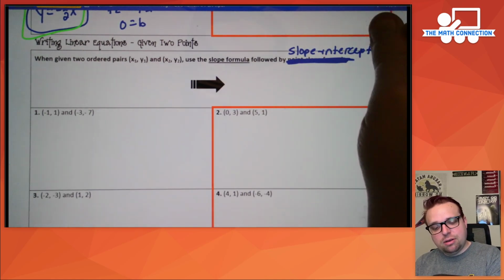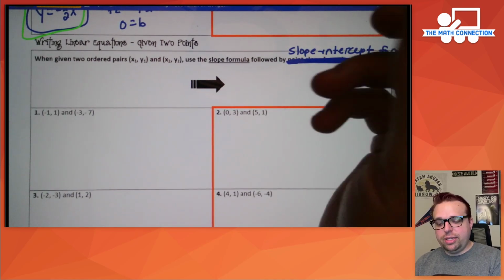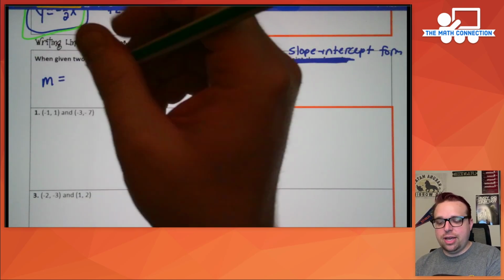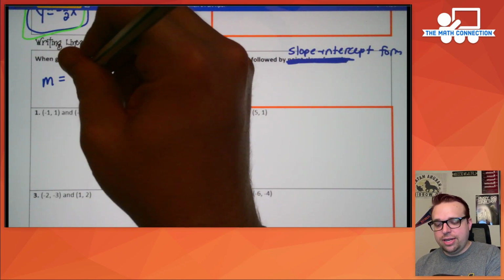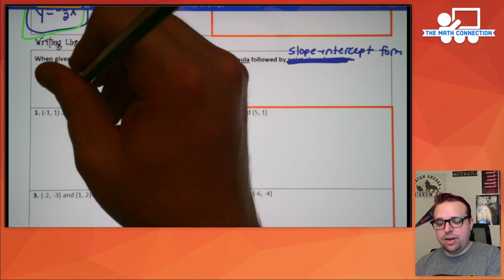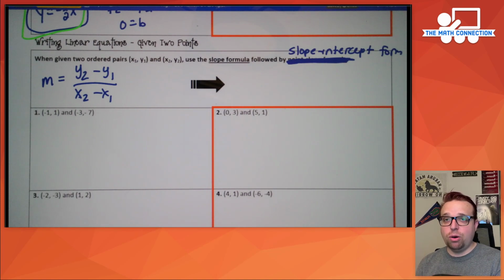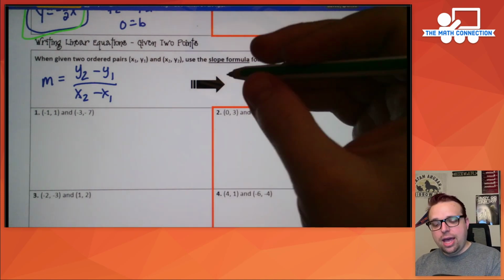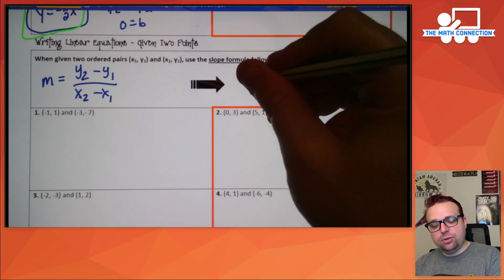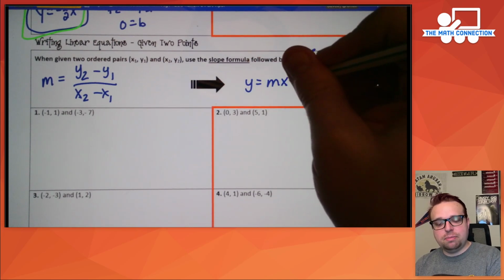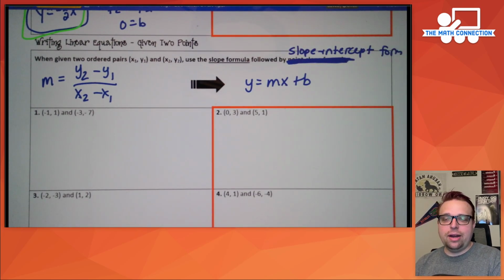slope-intercept form. We need to find the slope, which is m equals y2 minus y1 divided by x2 minus x1. We're going to have to use the coordinates from both points to figure that out. After we're done, we're going to use y equals mx plus b to get the y-intercept.